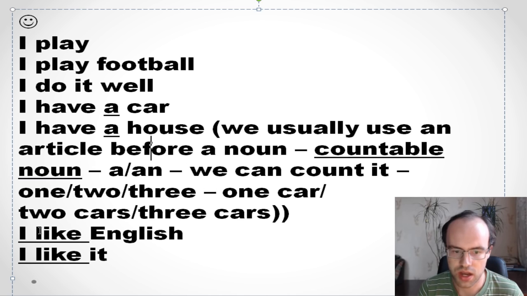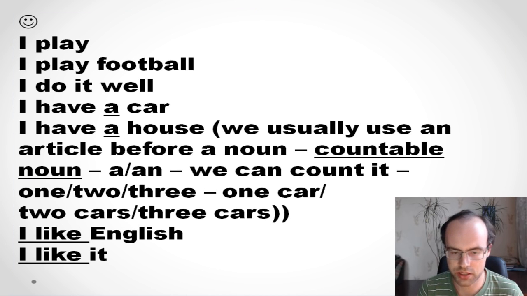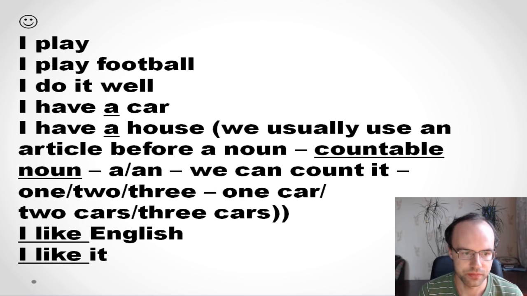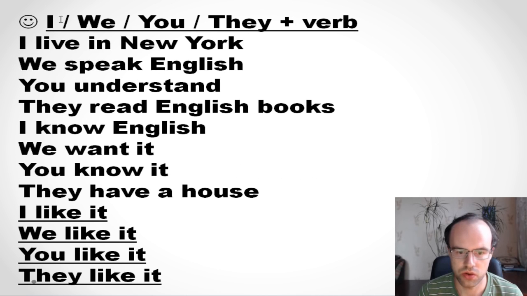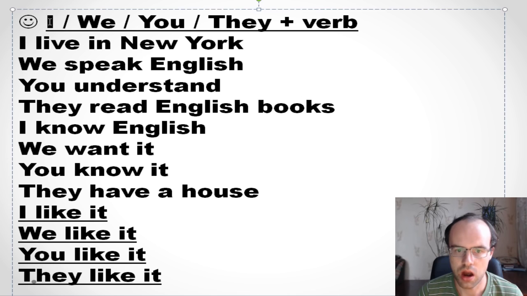And look, I like English, I like it. Please remember, I like English, I like it. Okay, next. So we say I, we, you, they plus verb. Look, I live in New York.